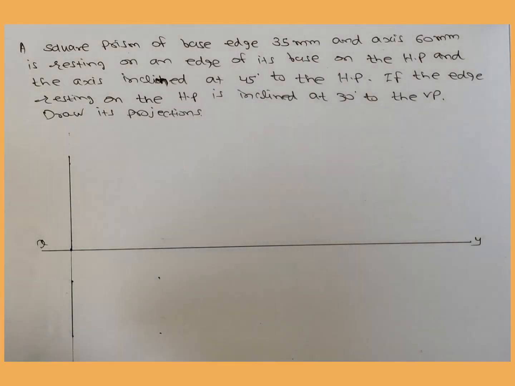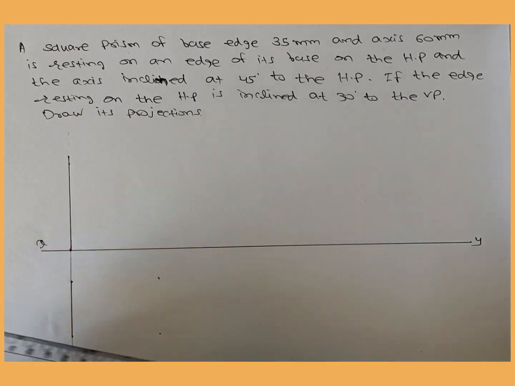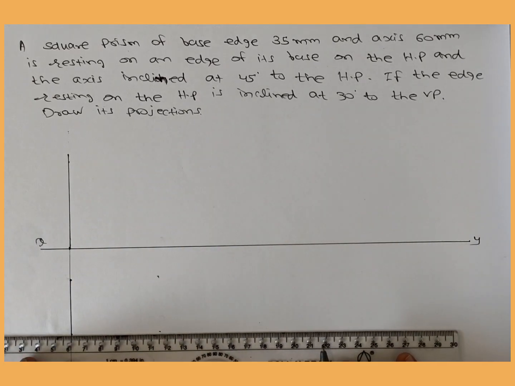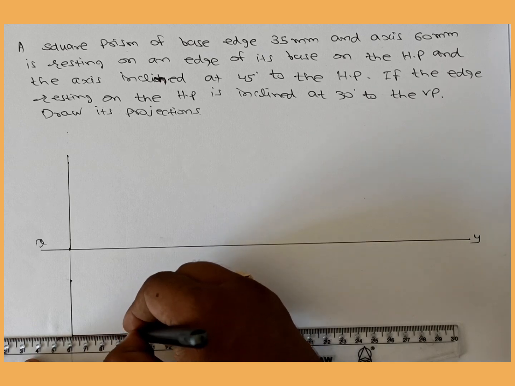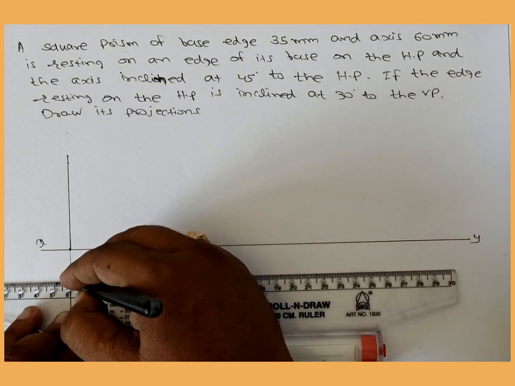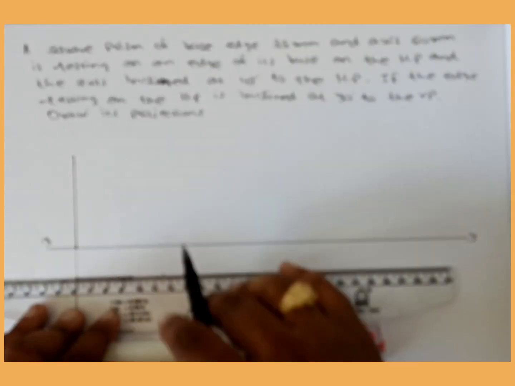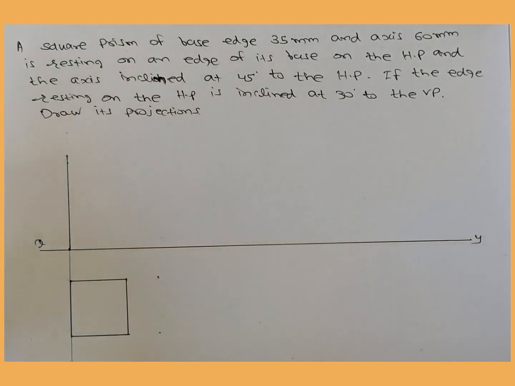The square given is 35 mm edge. From here you also have to take 35 mm line. This is the square.